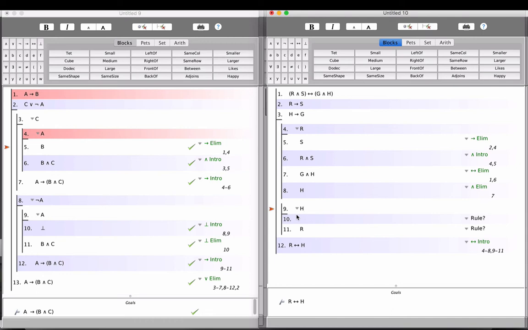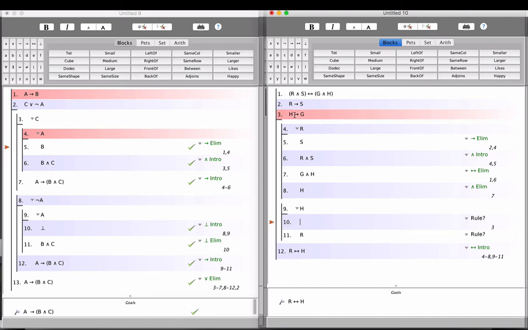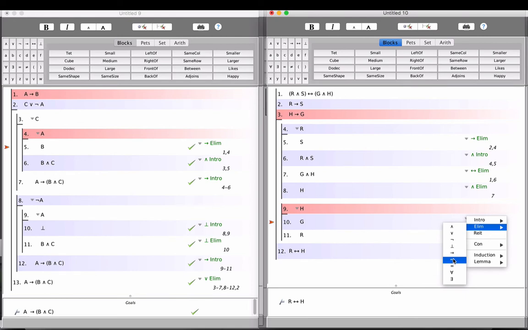We have H. What have we not used yet? Well, take a look at line 3. H arrow G. H affirms the antecedent, so we derive G, right? If H, then G. It is H, so it's G. We've got conditional elimination.